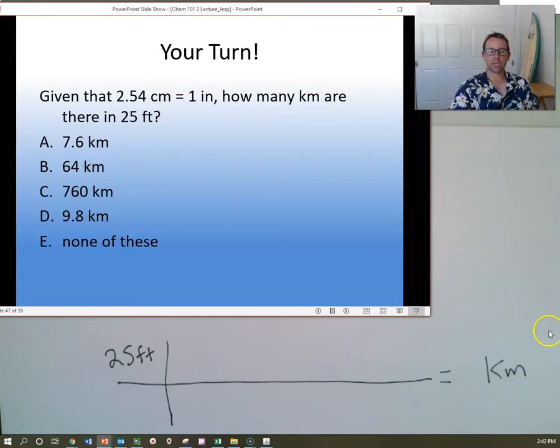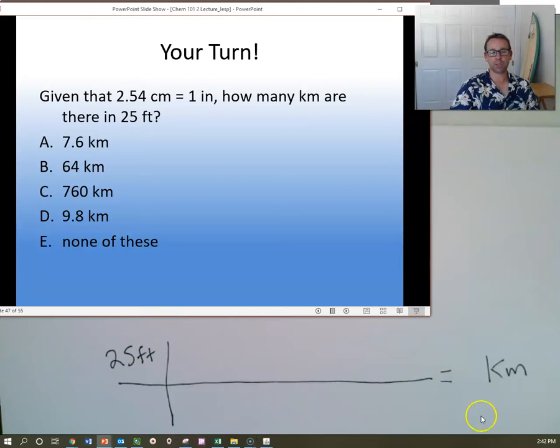I don't think so, because what we want to the right of the equal sign are the units that we're trying to look for. And we already know in 25 feet, there's your clue. That's one of the clues. Okay, so what's next?